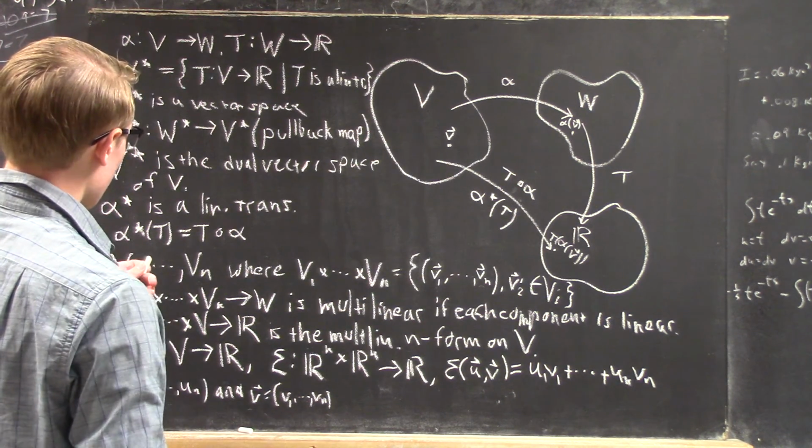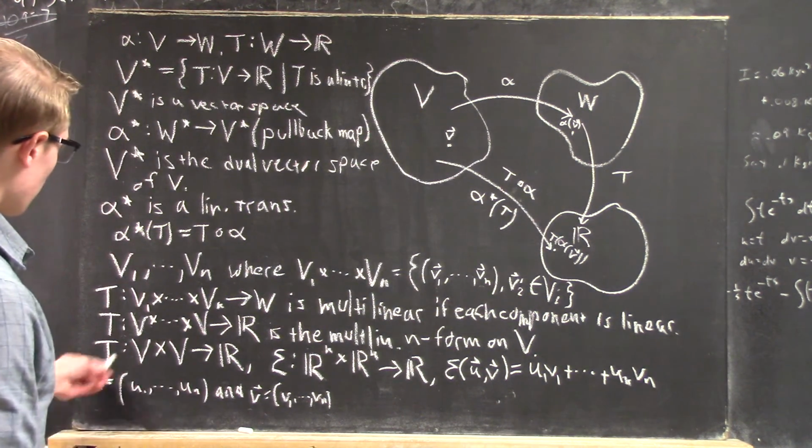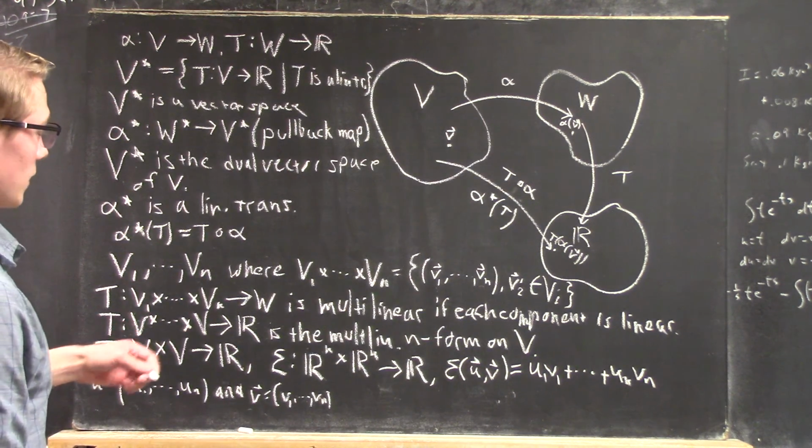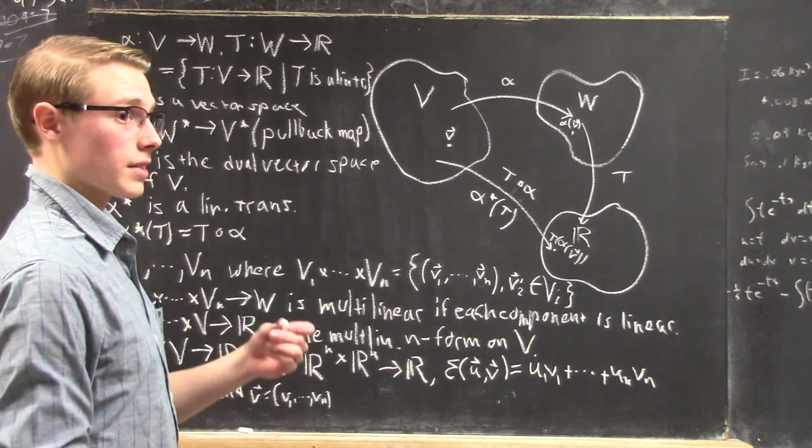Well, a bilinear form of a linear transformation anticipates our next topic, which is symplectic forms.